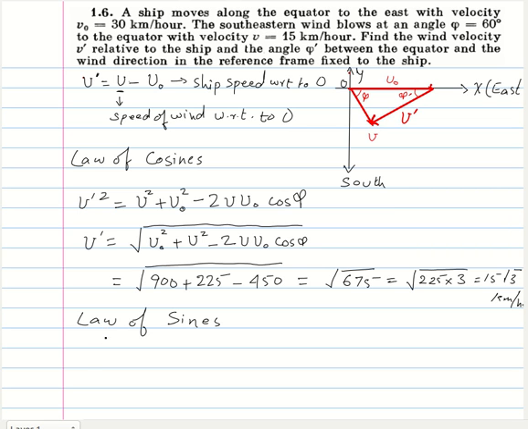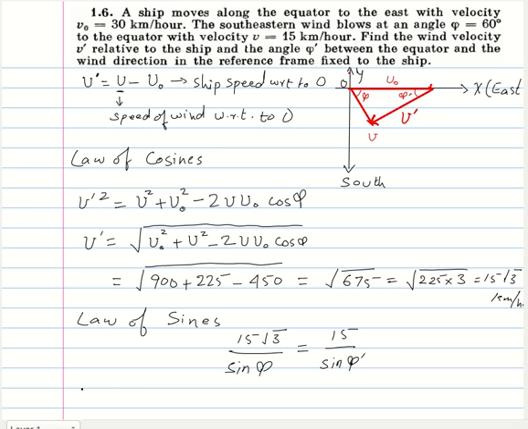So applying law of sines, we get 15 root 3, that is this side v dash, divided by sine phi, is equal to v, which is 15, divided by sine phi dash.